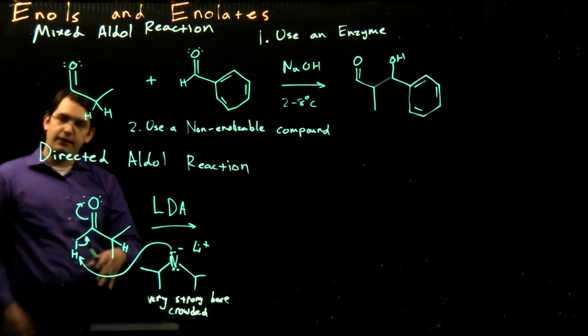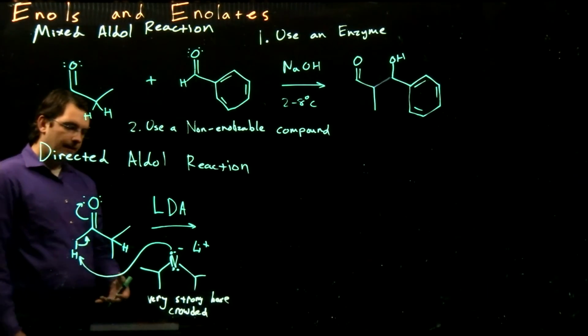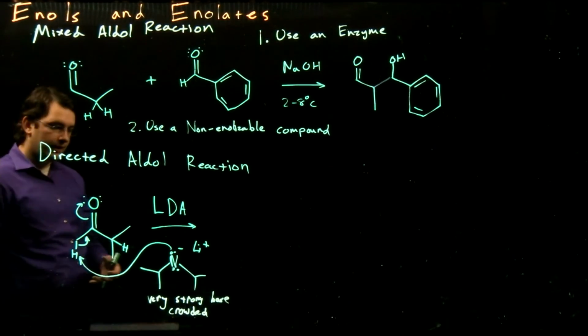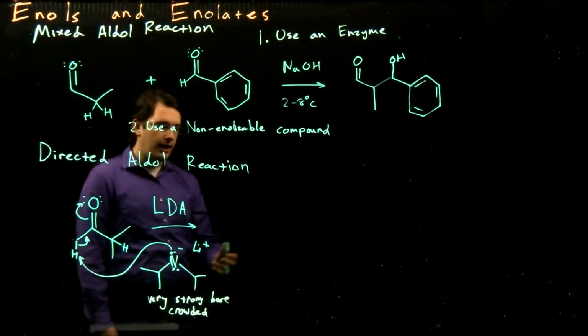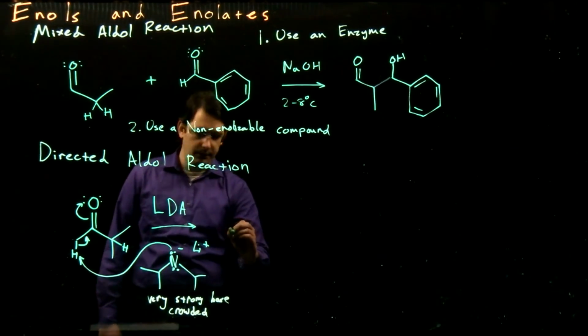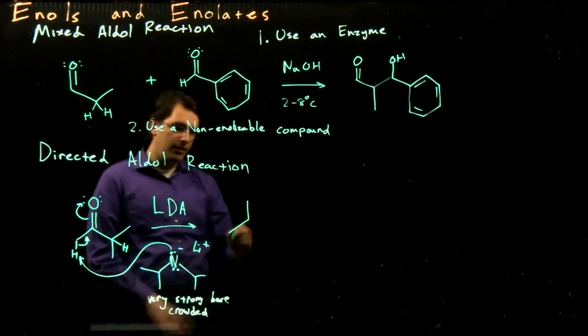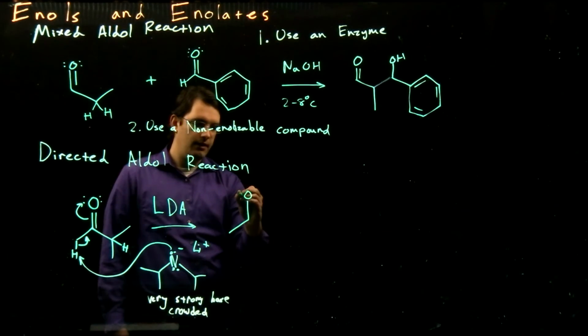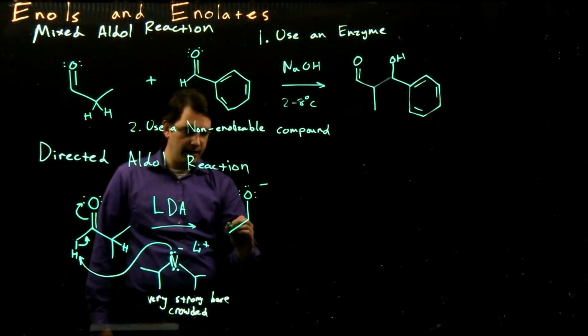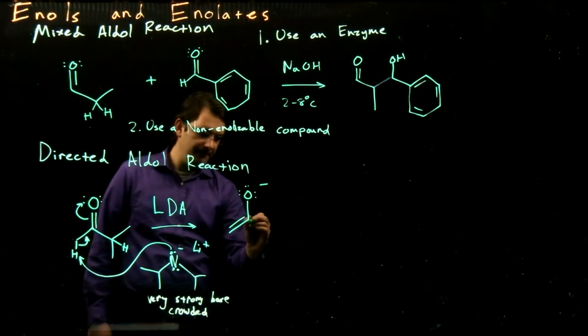Right? The kinetic product is the one that's favored due to the crowding and the steric hindrance, whereas the thermodynamic product would be the more stable product. In this case, with our very strong and crowded base, we're going to favor that kinetic product. So we again get our enolate formed over here on the left.